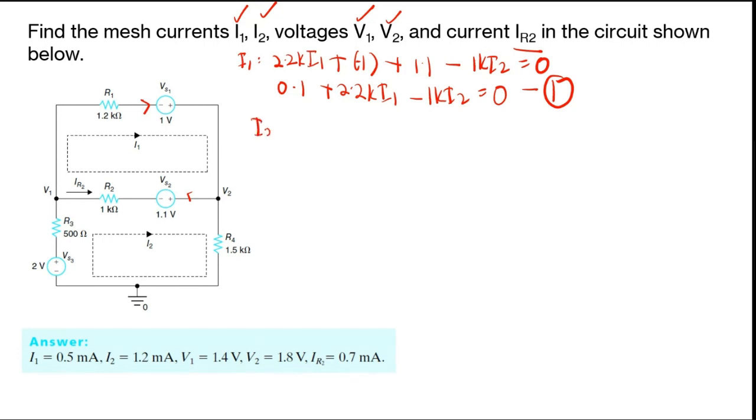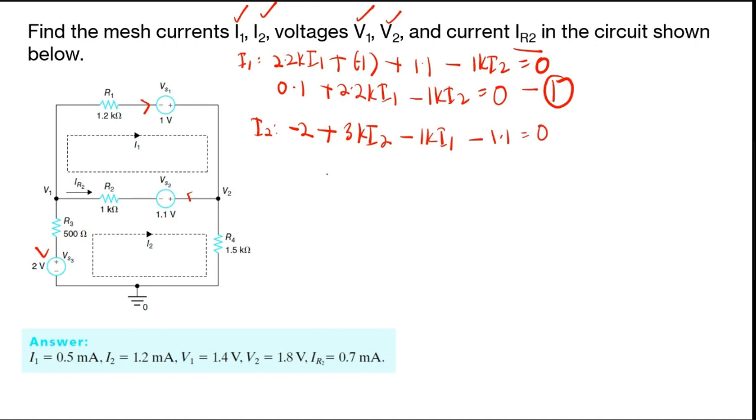And then for your mesh I2, from here you will have -2, plus the total of your resistors, where you know that the total resistor is 3K I2 minus 1K I1, and then minus 1.1 equal to 0.